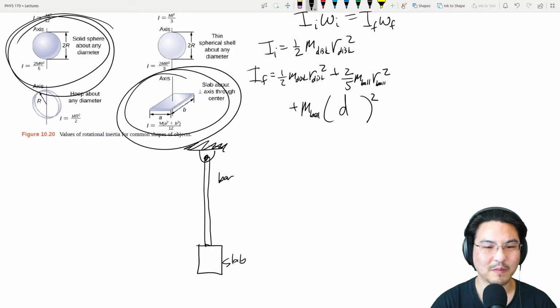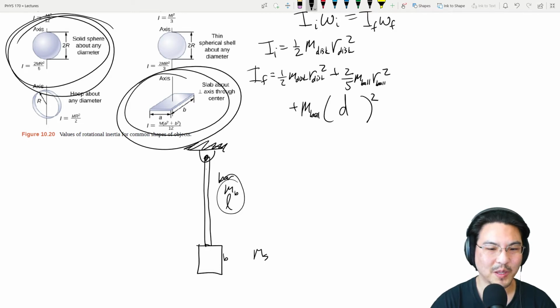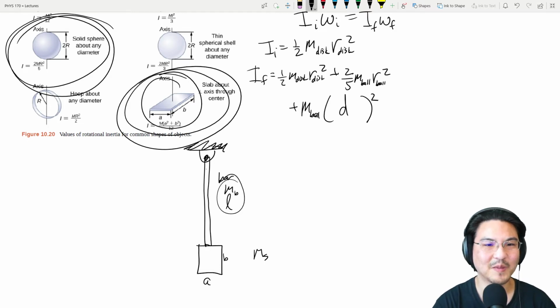Okay, and then we know things like we know the mass. I'll call it mass of the bar. We know the length, then mass of the slab, and then we need to know the dimensions. I'll just call this B and this A just so it looks like the picture.